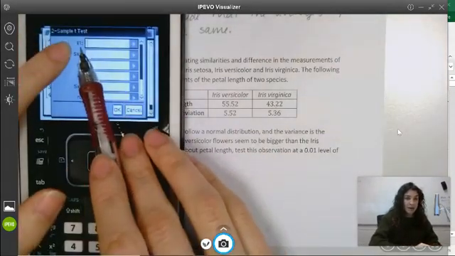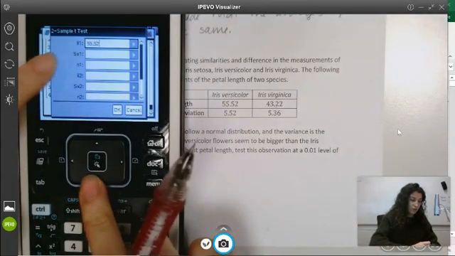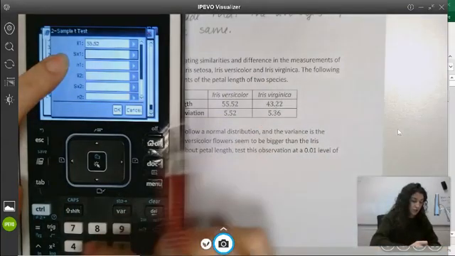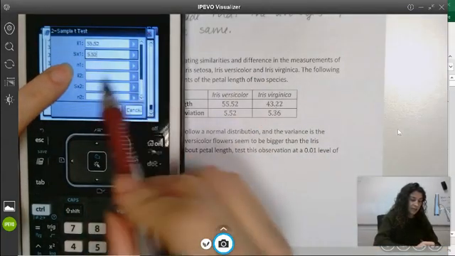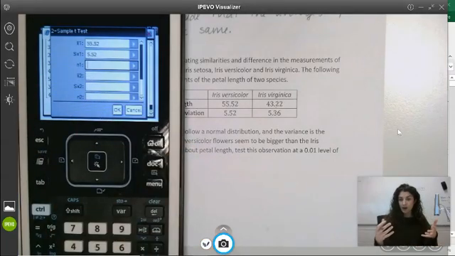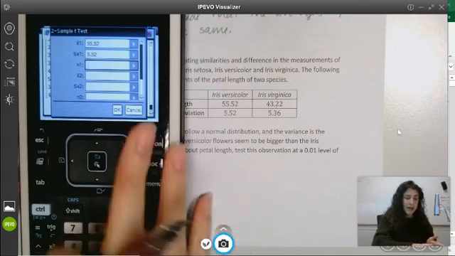X bar is your average. It's the average of your first guy, and that's 55.52. Sx1 is your standard deviation, and your standard deviation is 5.52 with that data. N1 is the number of trials that you did, or the number of things that you looked at. And it told us that we looked at 50 flowers.